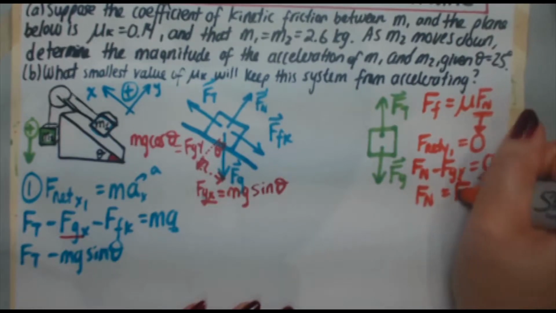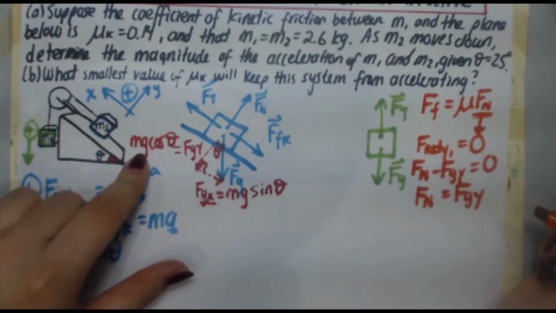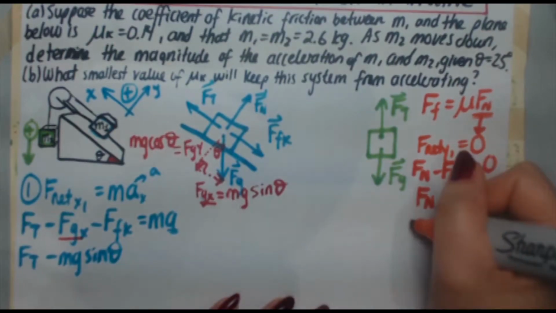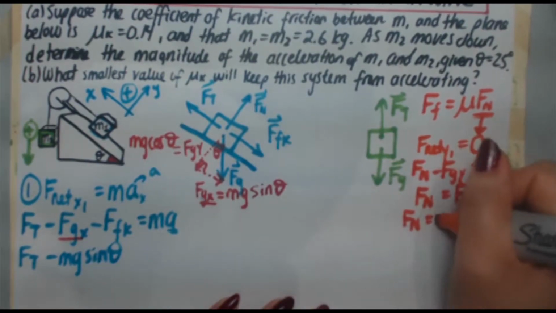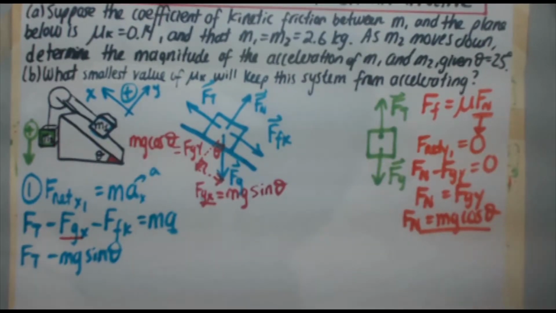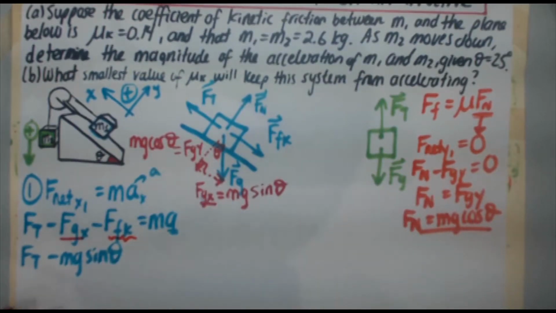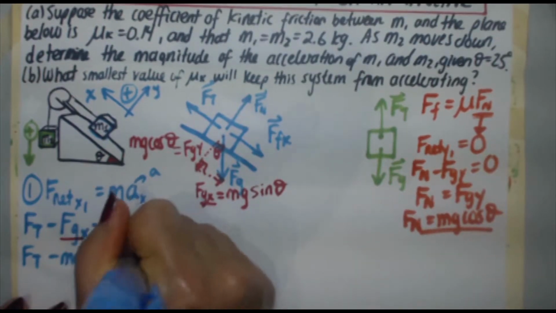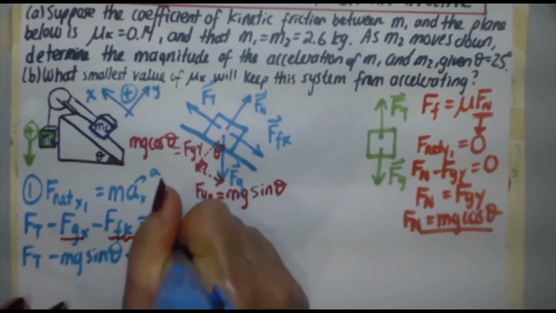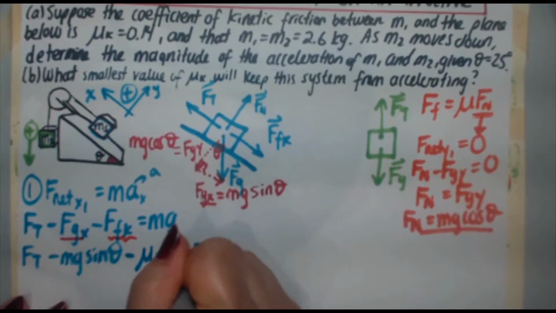Fn equals Fgy. And I just stated Fgy is mg cos theta. So we can actually write Fn as mg cos theta. All right. So that is going to get plugged in over here for Ffk. I'm going to use that. So Ft minus mu k Fn equals ma. There's my Fn. Then we're going to plug it in there.